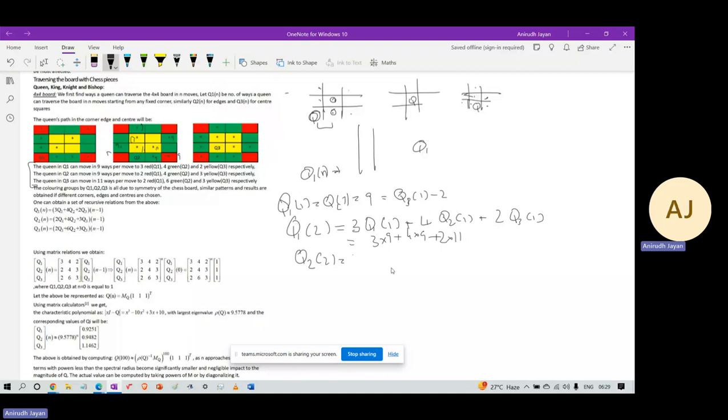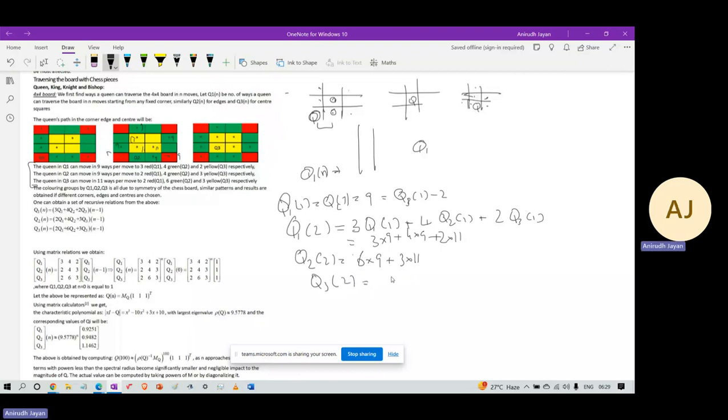So we have Q2 as simply 6 into 9 plus 3 into 11. Note that 6 plus 3 is 9.